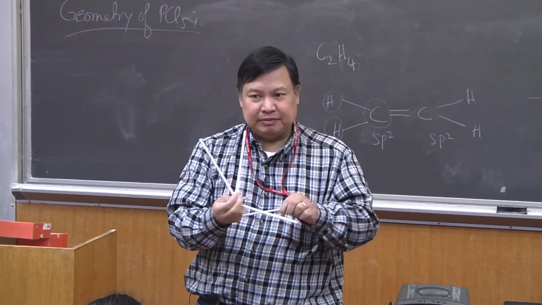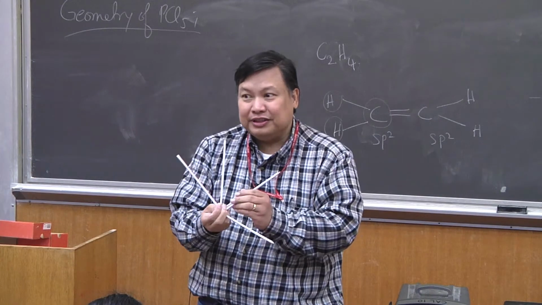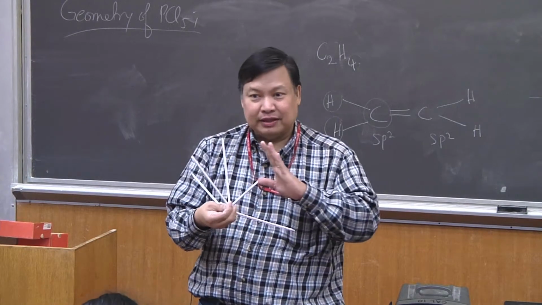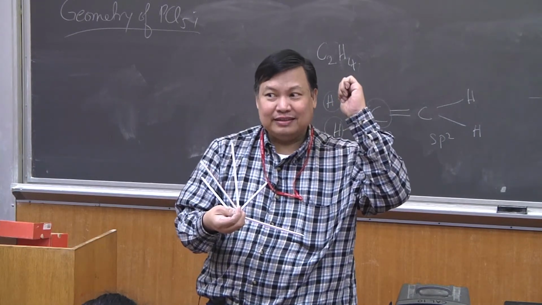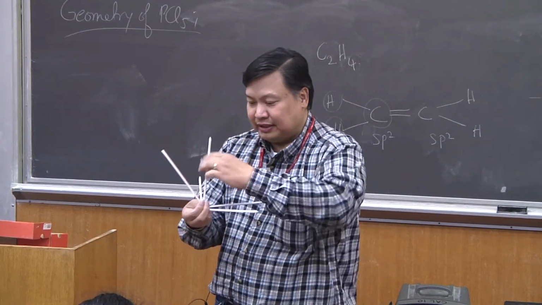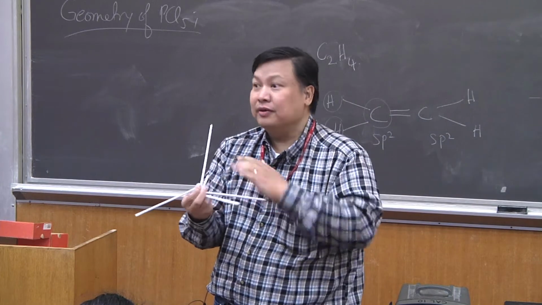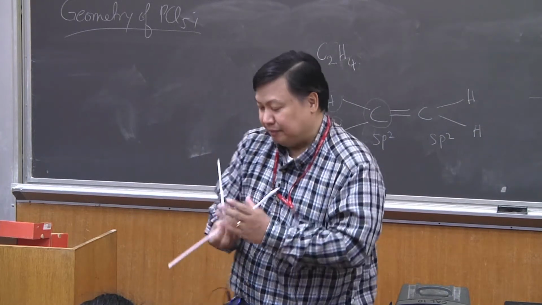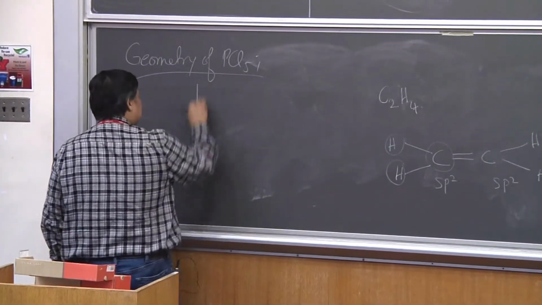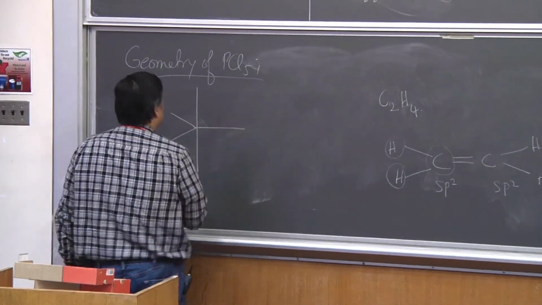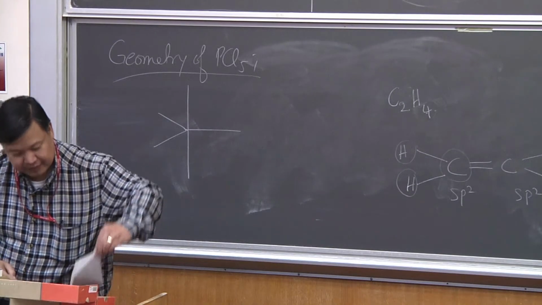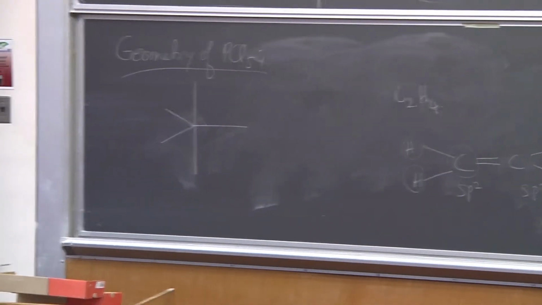These 5 bonding pairs have to be as far as possible away from one another. That's because of VSEPR theory, valence shell electron pair repulsion theory. So they have to go farther away from each other so there's no repulsion between them. And the best structure for 5 is something like this, in the shape of 2 pyramids fused together.